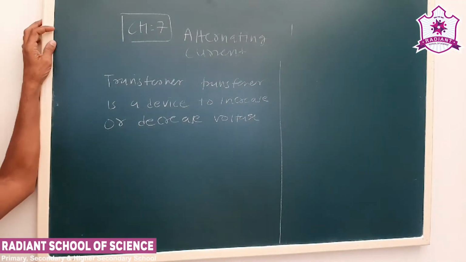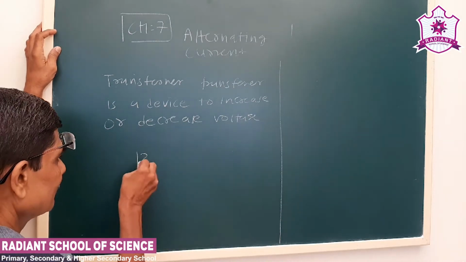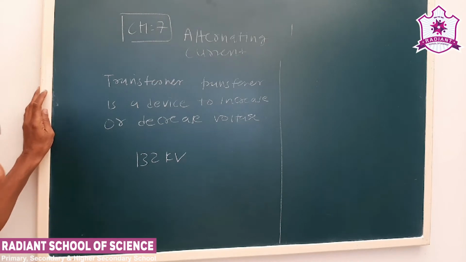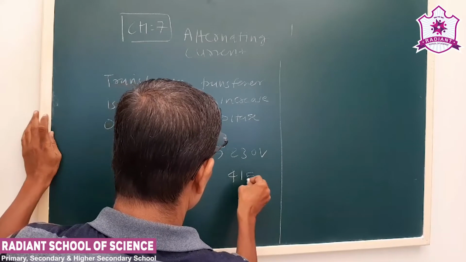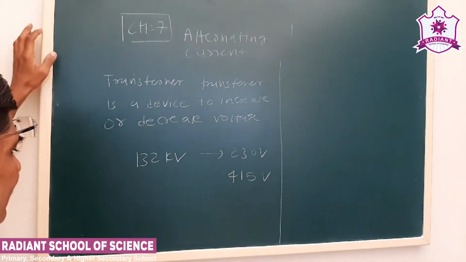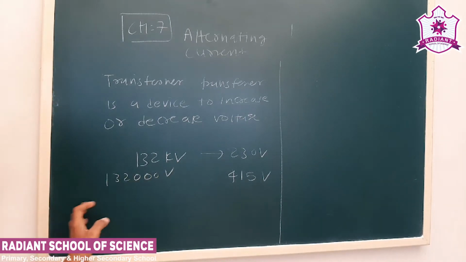Let us say the Torrent Power Company or GEB produces electricity at a very high 132 kilovolt. But at our home or in office our voltage is 230 volt or 415 volt. So this is a very high value and this is a lesser value.